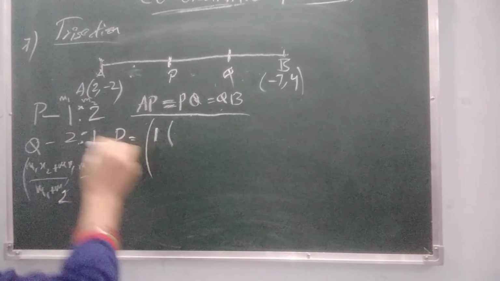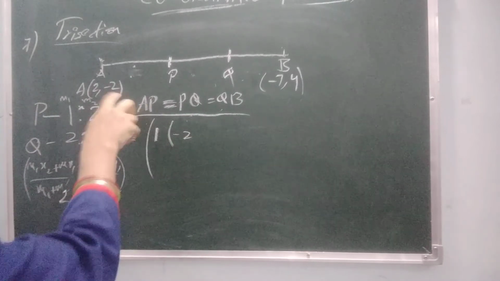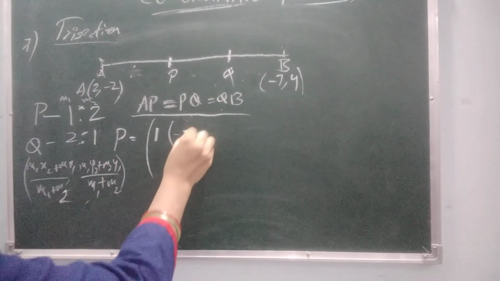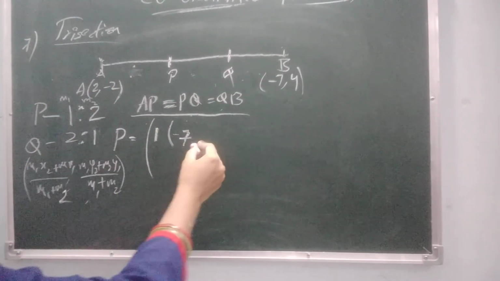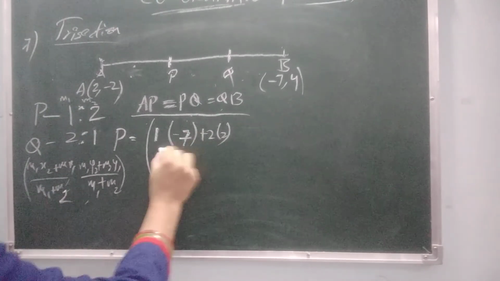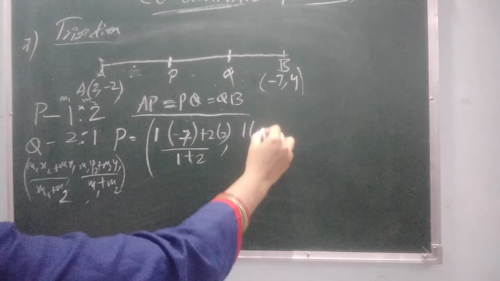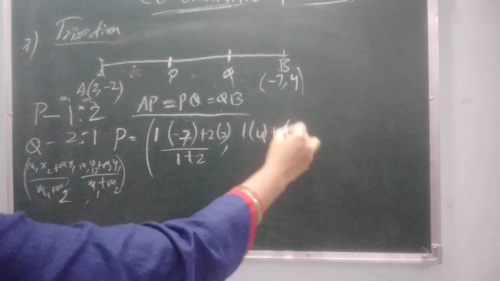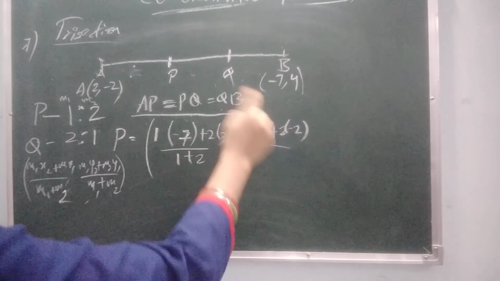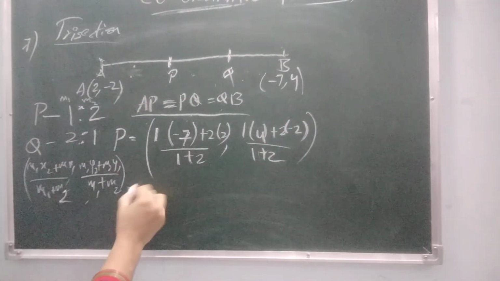Okay, m1 x2, x2 means minus 2, x1, y1 and x2, y2. x2 means 7. Okay, plus m2 x1 by m1 plus m2. Okay, next m1 y2 plus m2 y1 by m1 plus m2, 1 plus 2. Is it clear?